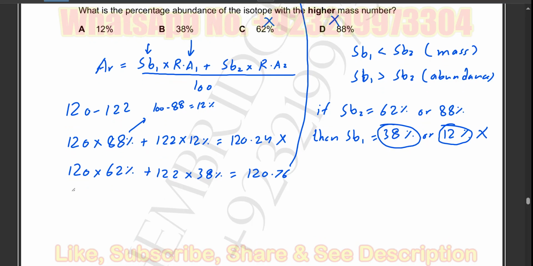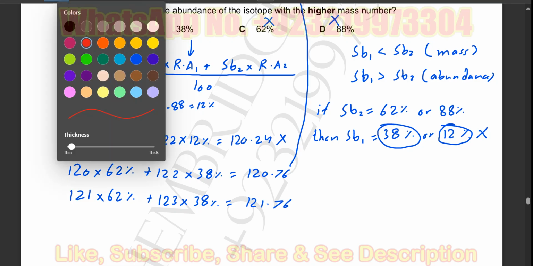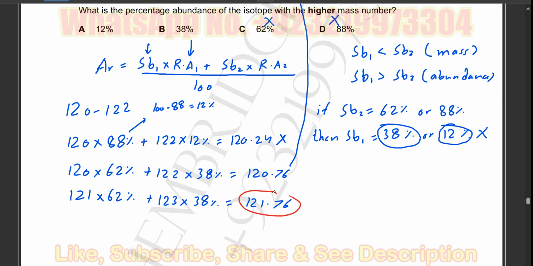So I can say that I will select 121 as the smaller isotope with the higher percentage, and 123 as the heavier isotope with 38% abundance, and in this case I will get the answer 121.76, and that's the right value of the relative atomic mass.